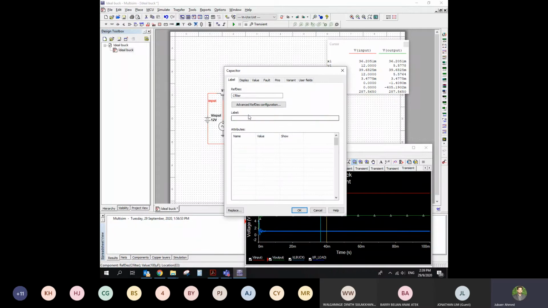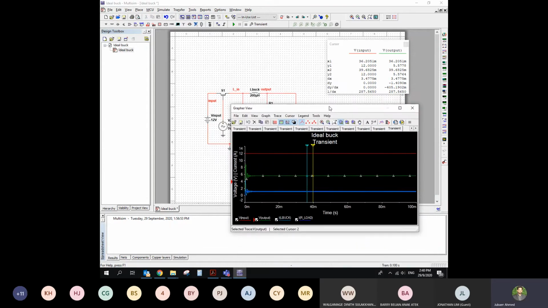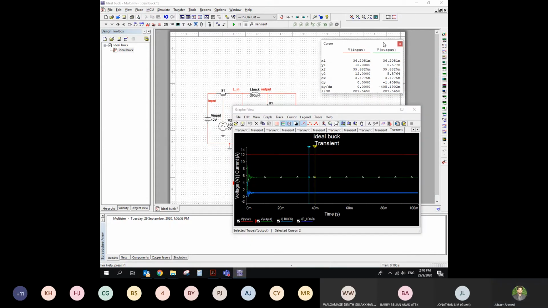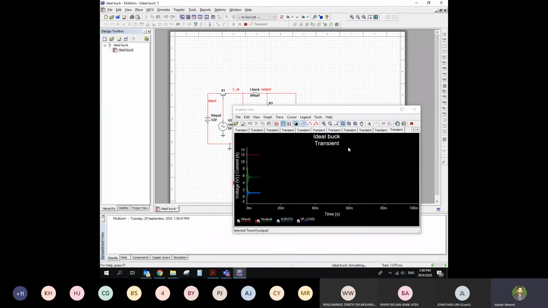So let's change the value of the capacitor. 100 micro, let's make it 50 micro. Okay. Transient output functions, run it.